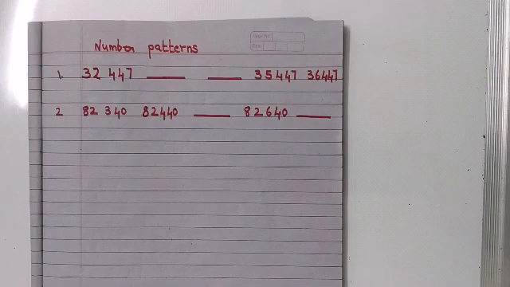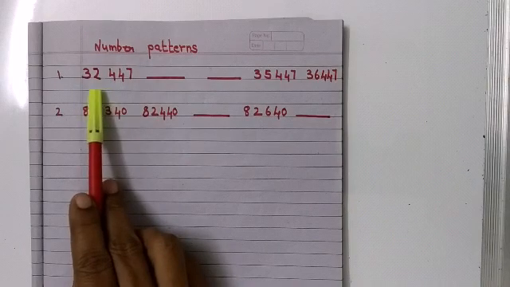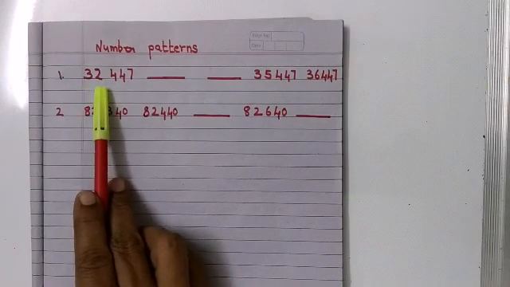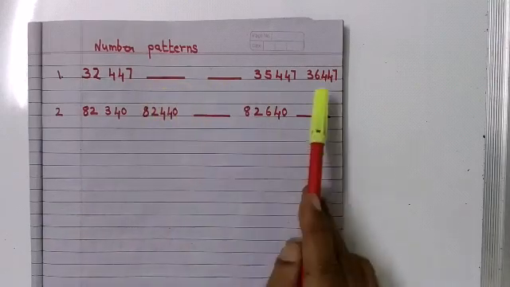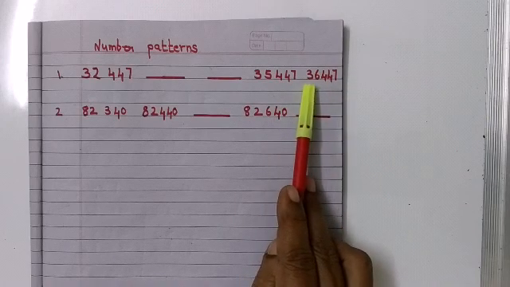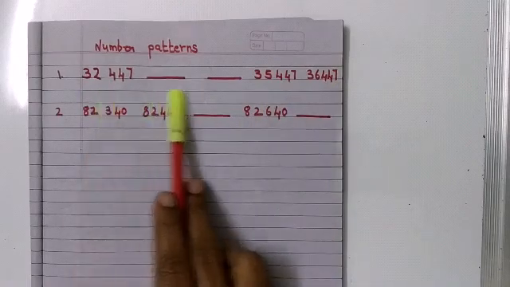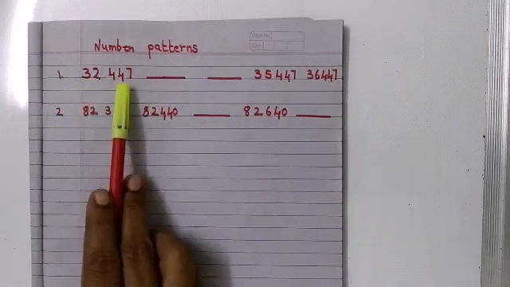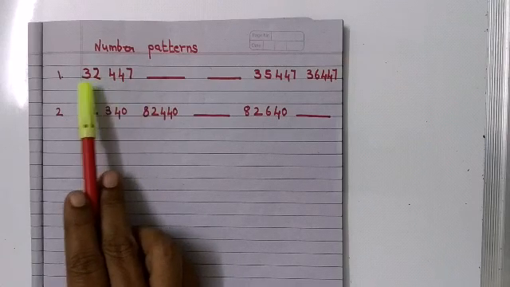Okay, now children, we are doing number patterns. Now what is number patterns? Just look here carefully, children. Now if you look at this number, 32,447, then you have 2 blanks, and then the next number is 35,447, and the next number is 36,447. Now children, if you look carefully over here, see this place, unit, tens, 100, 1000, 10,000.